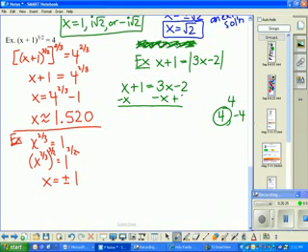I don't like to deal with the negative, so I usually do that, and add 2. So here, those become 0. This is 3. 3x minus x is 2x, and those become 0. Divide both sides by 2. So x is 3 halves, and then I check that it does in fact work.